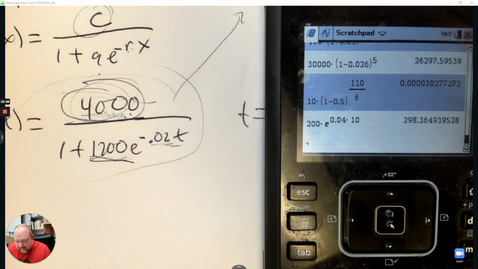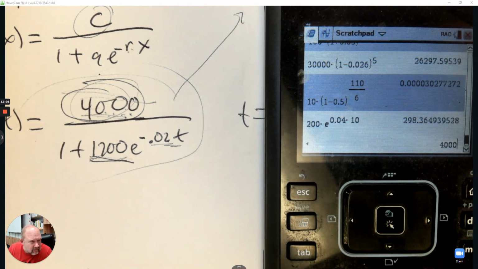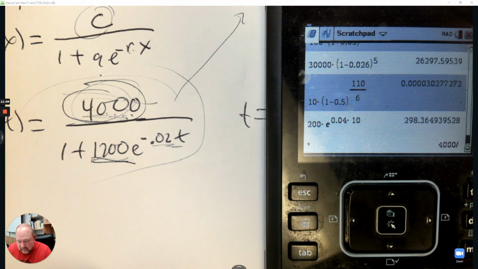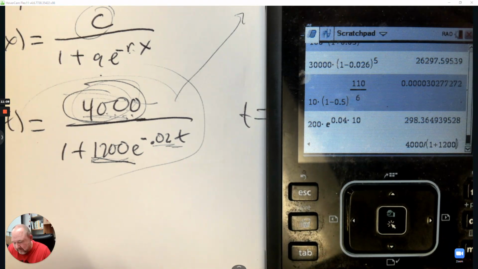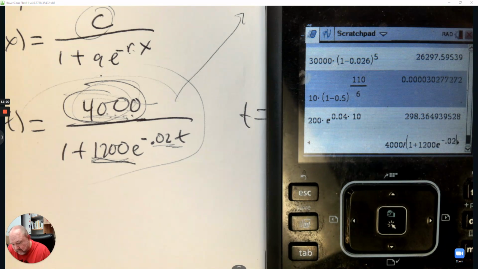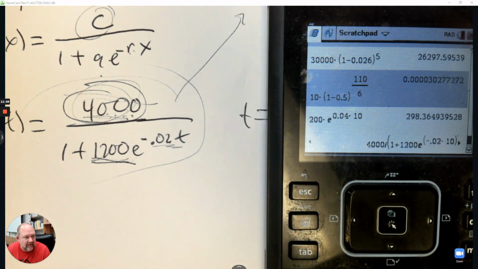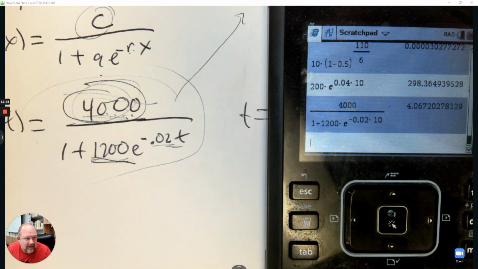So what I would do is I would type in 4,000 divided by, the divide sign, parentheses, and I go 1 plus 1,200 E, make sure it's the E that's the number, not the letter, and then the exponent, so this one pops up as an exponent already, and then it's negative 0.02 times 10, and then close it, and then enter, or control enter, and it would tell you how much it is.